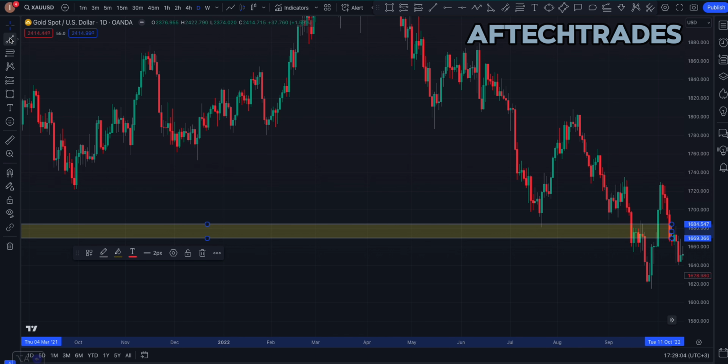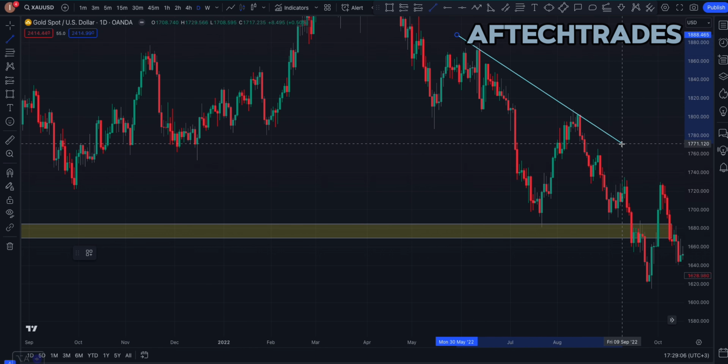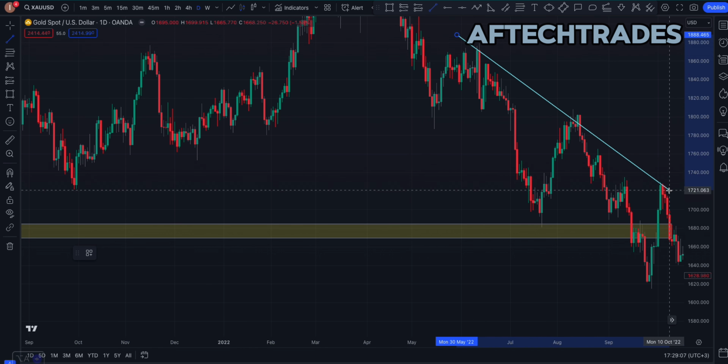And again, some mentors will say immediately you see your market going down just like this, you should know that this market wants to continue going down. No, please do not use that strategy also.